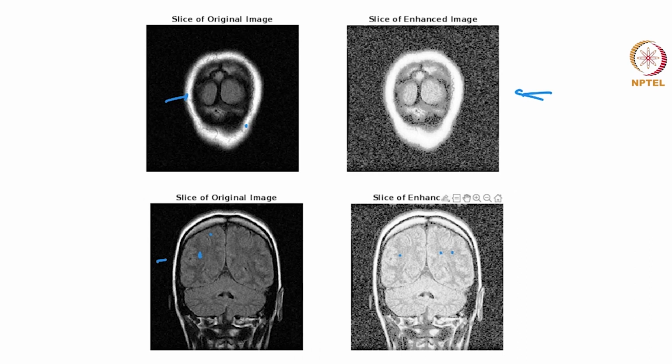So for instance, in this case, this is a slice of an MRI of the brain. Once again, I will remove the markings. If you look at the top row and the bottom row, the left column is nothing but the raw image, and the right column is the histogram equalized image.